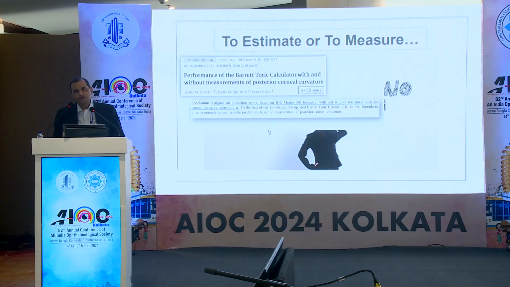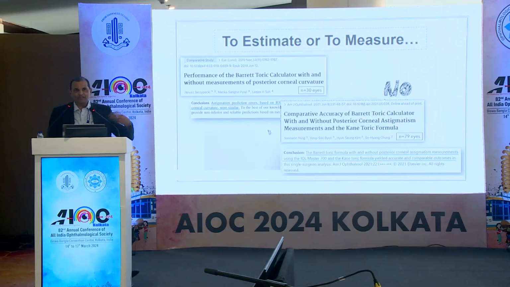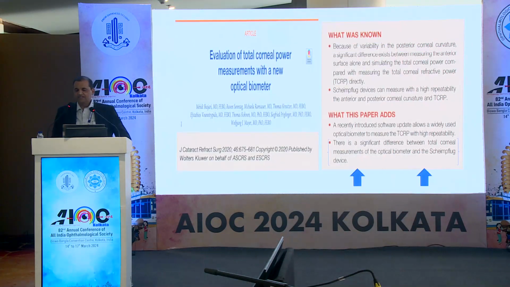What the study says is that the performance of the measured one or the estimated one is nearly similar. So there is no need to rush to buy newer equipment as far as total corneal power calculation is concerned.